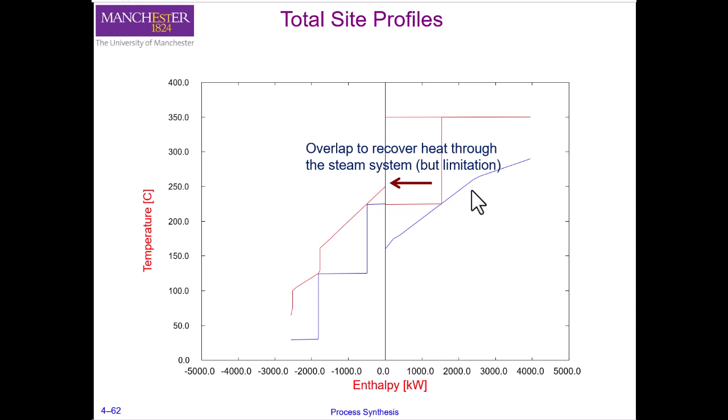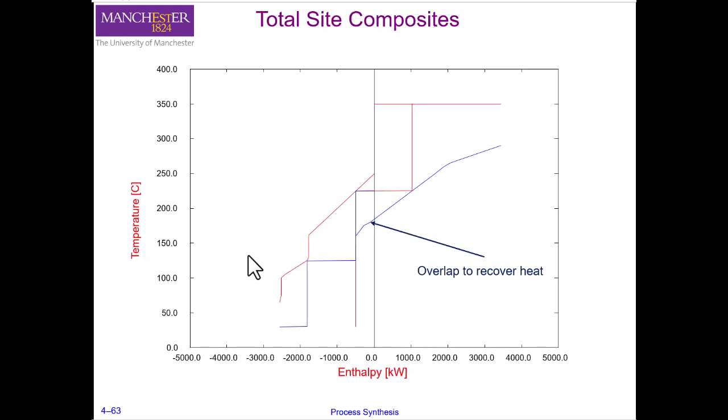The higher temperature requirement of our process A and B is met by the use of steam from our utility system boiler that is at 350 degrees centigrade. We can then start to overlap the total site profiles in order to calculate and target for the amount of heat recovery in our utility system.